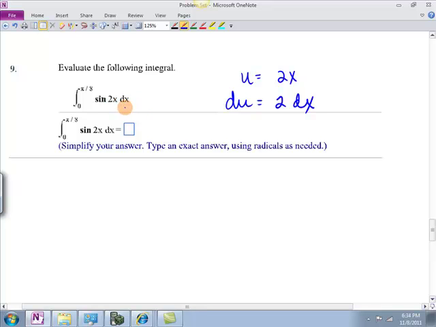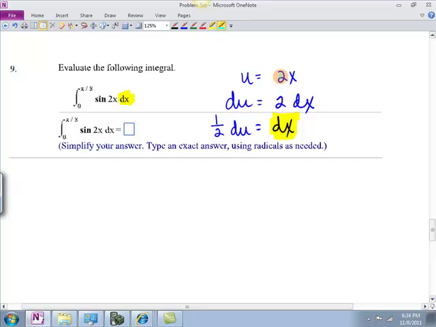We don't, do we? When we do substitution, we want to look for being able to rewrite this problem so we know how to work it. We don't have a 2 dx, we have a dx. So I'm going to divide by 2 and say, okay, well then 1/2 du would be dx. This is what the whole next section is like.